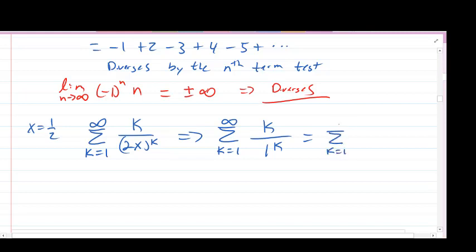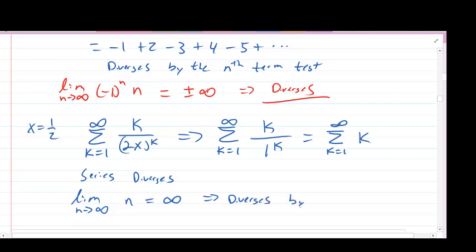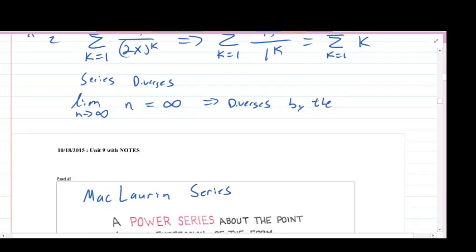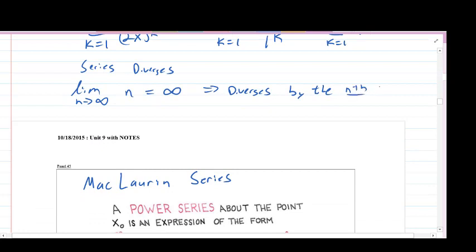Summation as k goes from 1 to infinity of k, and that series diverges. Same test. Limit as n goes to infinity of n equals infinity, therefore diverges by the nth term test.